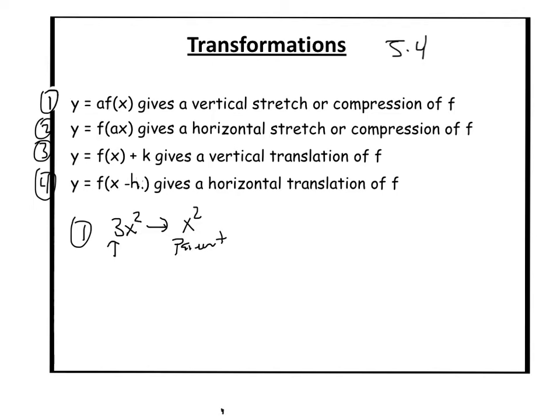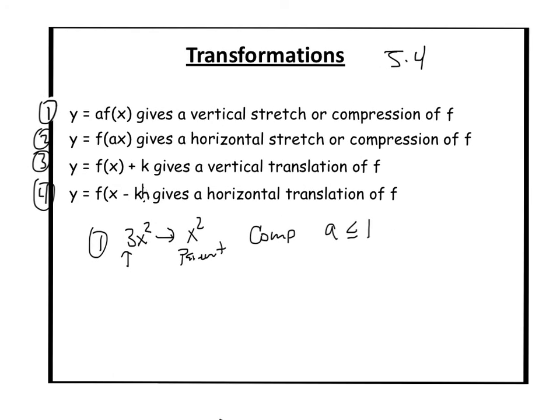And if it was a compression, a is going to be less than or equal to 1, but greater than 0. And actually, I apologize, not equal to 0, because if it was 0, it would just be a point. And so compression, basically, is going to be a fraction that's less than 1. Okay? And if it's negative, we know that that causes the shape to reflect over the x-axis.